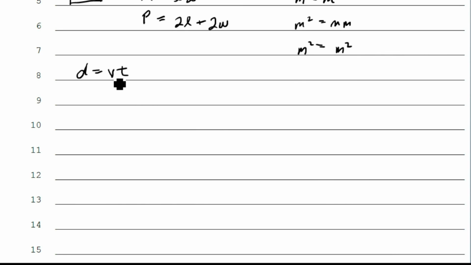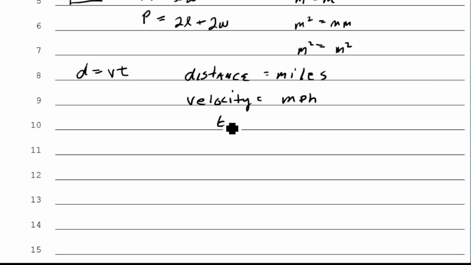Now this is distance equals velocity times time. Distance in, let's say, miles. Velocity, the rate, miles per hour, and time t in hours.